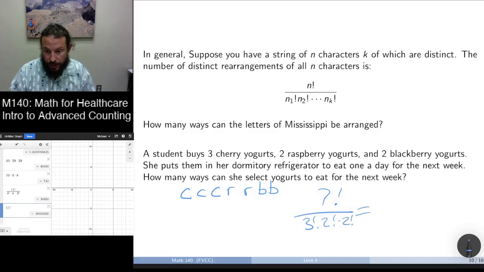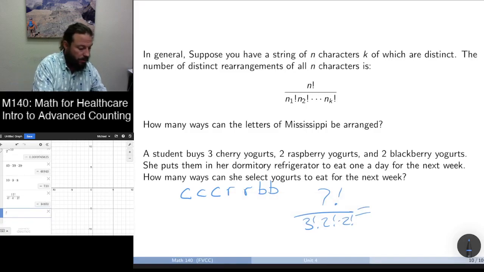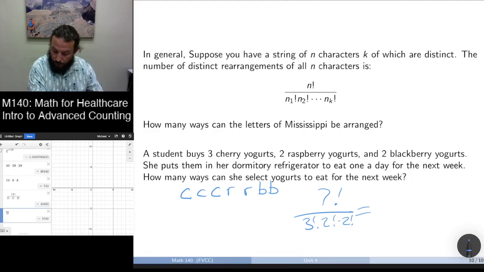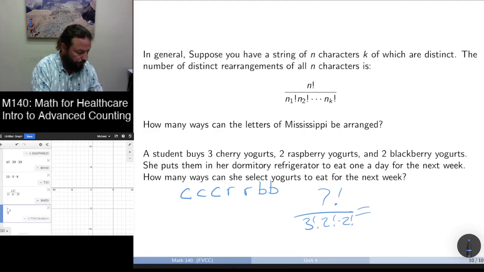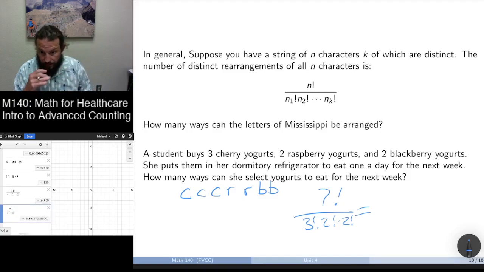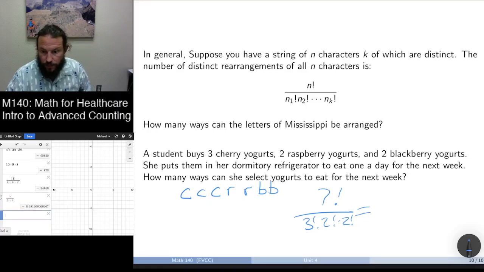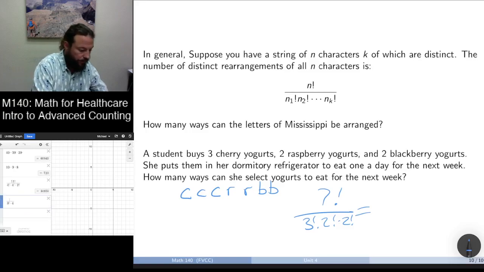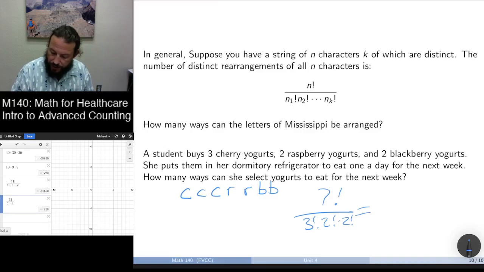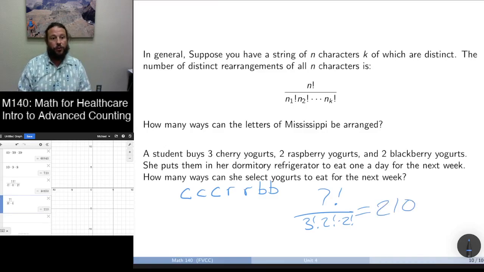And just for completeness, to get that number, what is that coming out to? I'm in trouble with this one for some reason. 210 ways. 210 different ways for her to do that.